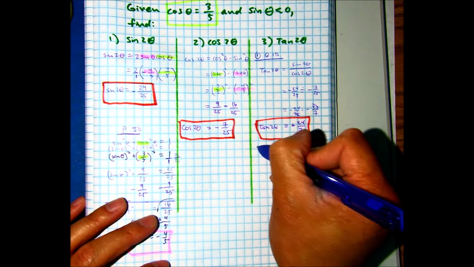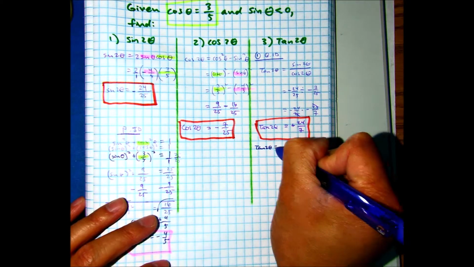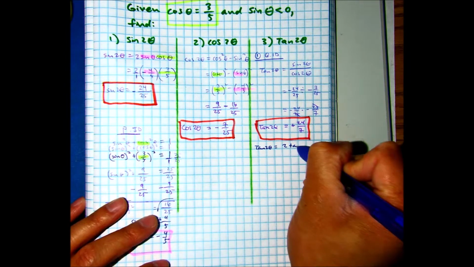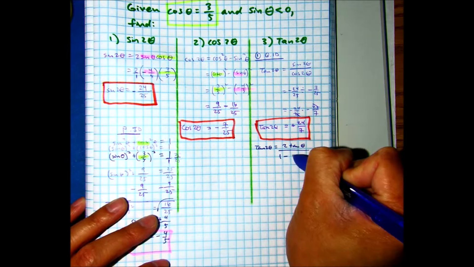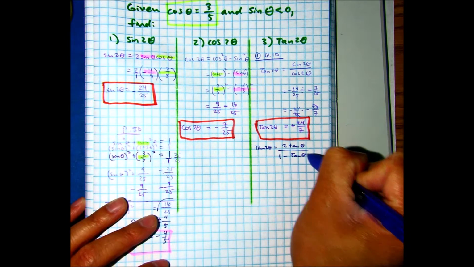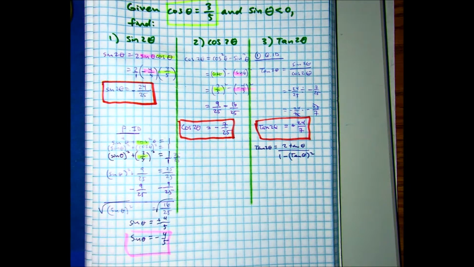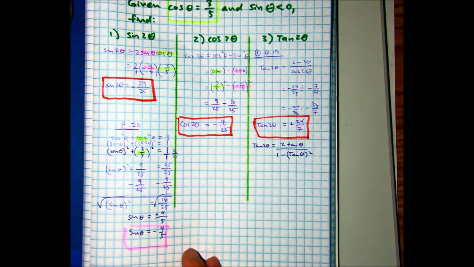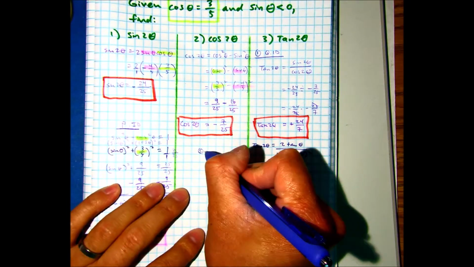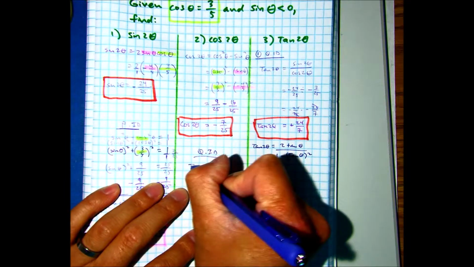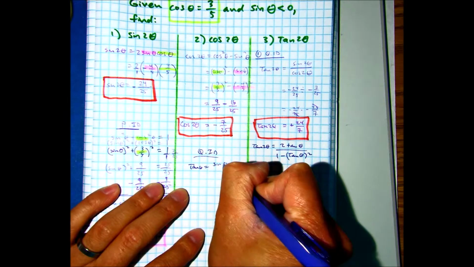Tangent of 2 theta equals 2 times tangent of theta over 1 minus tangent theta squared. Okay, here's your issue. You don't have tangent. So what would you use? You use the quotient identity. You can still use the quotient identity of tangent of theta equals sine over cosine.